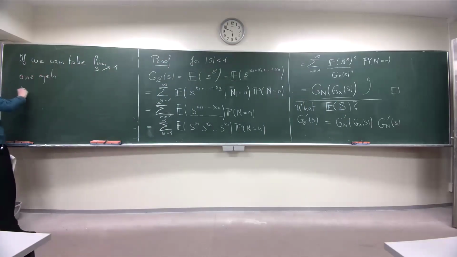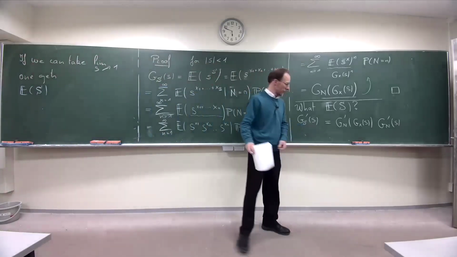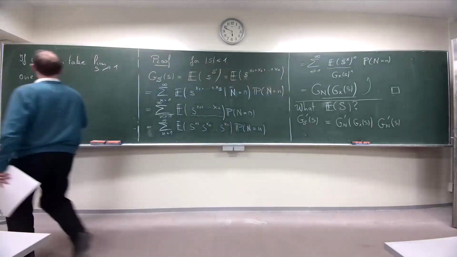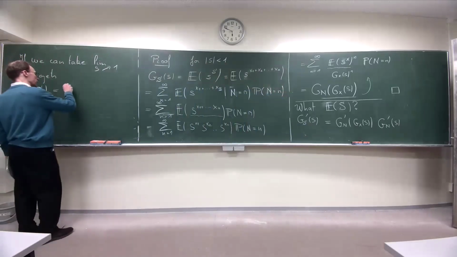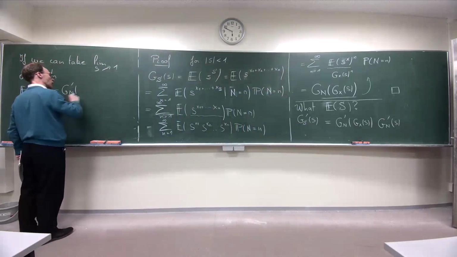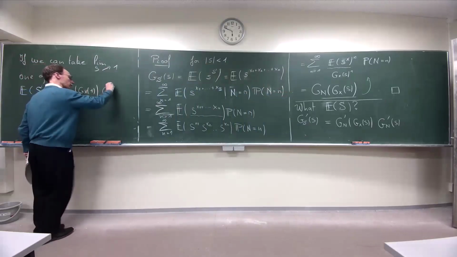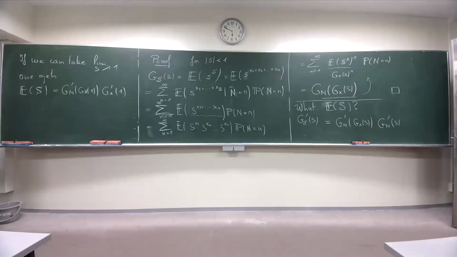the expectation of this, because the left-hand side converges to the expectation of this, is equal to, so I take the limit, it makes g_N prime at g_X of 1. This is formally what I get.